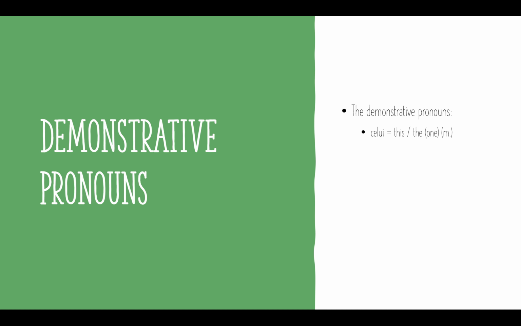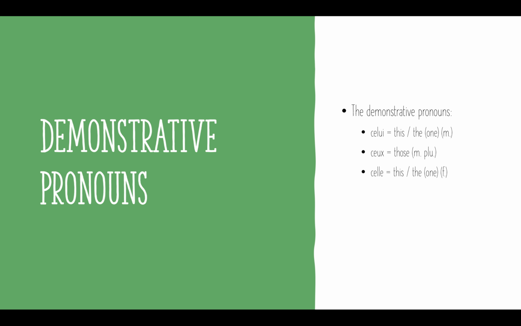In French, celui, this, or the one, and I'll explain the difference in just a little bit. Ceux, those, and you can see this is the masculine and the masculine plural. And so really the demonstrative pronouns, whether it's masculine or feminine, are always going to be this or the one, and those, okay, or these.